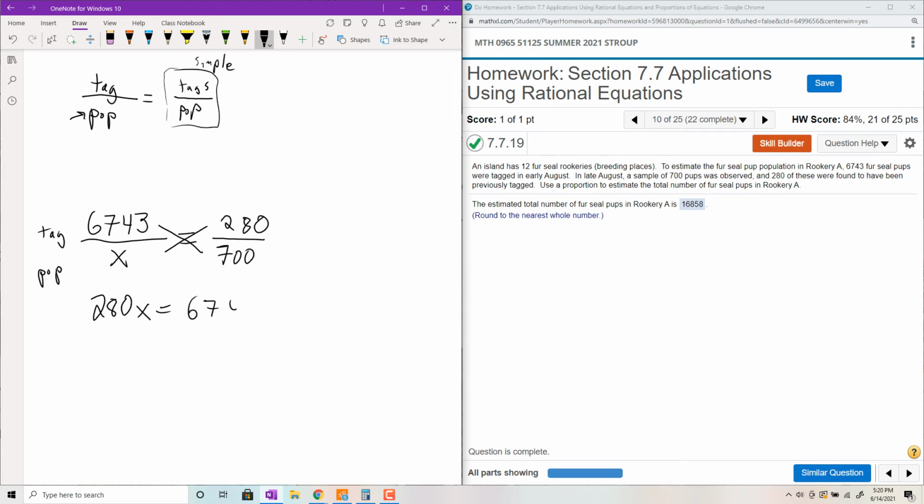I'm not going to multiply it out, I'm just going to figure it out in my calculator. So x is equal to 6743 times 700, with parentheses around all that, divided by 280.